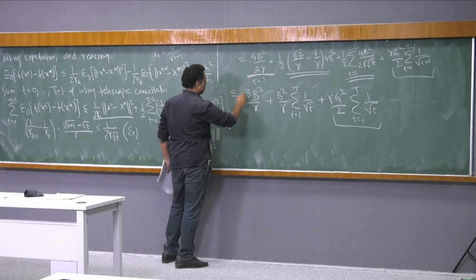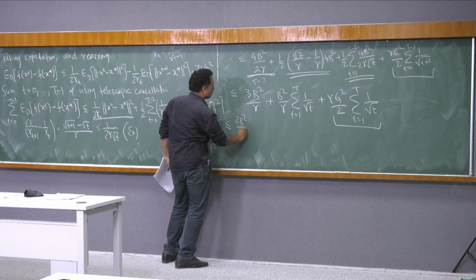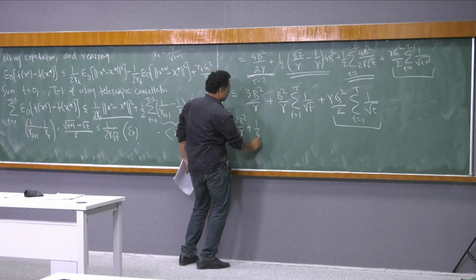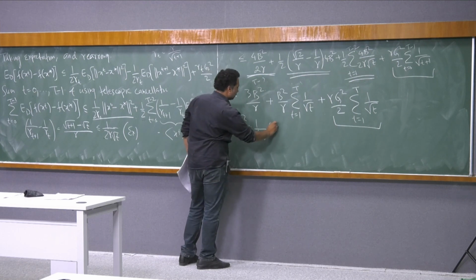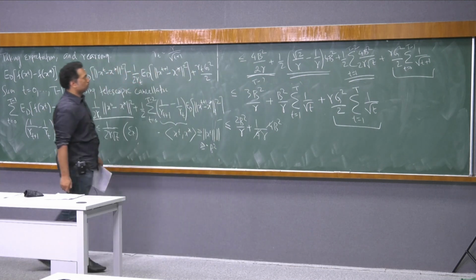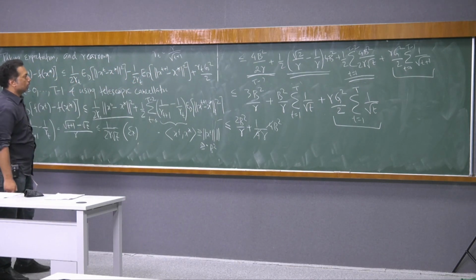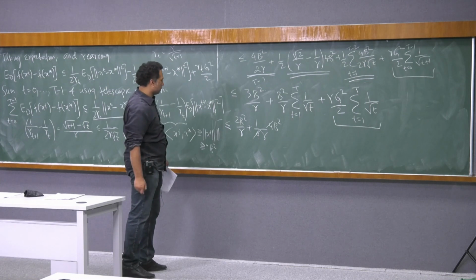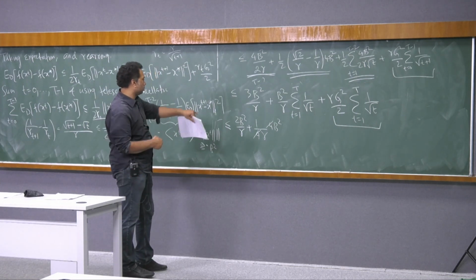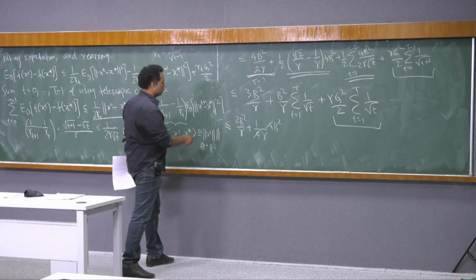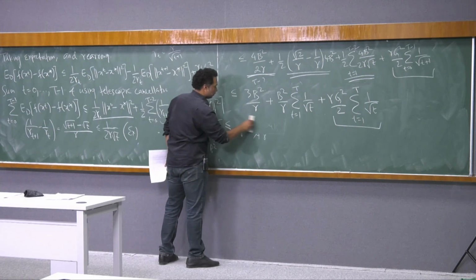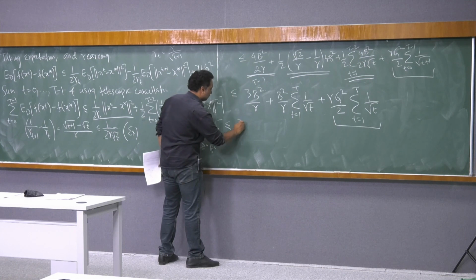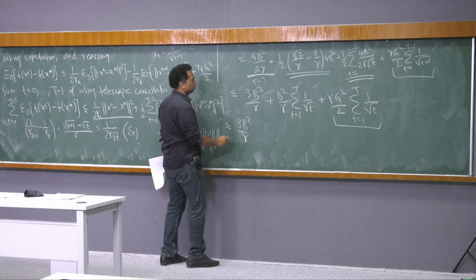So this is 2b squared by gamma, and plus 1 by 4 of gamma, and then 4b squared, and the 4 gets cancelled, so we got 1 b squared by gamma there. So we got 3b squared by gamma already: 2b squared by gamma and 1b squared by gamma. So let us cleanly write this as 3b squared by gamma. It's in the video, so you can always trace this.